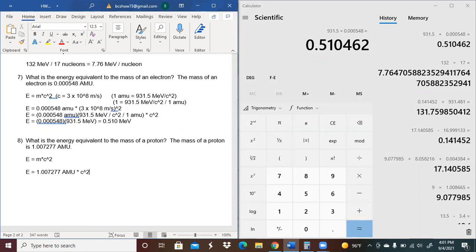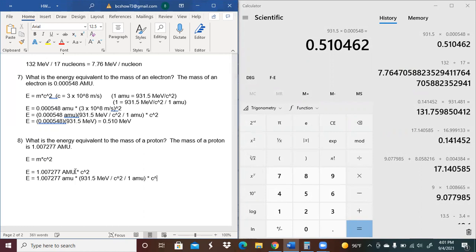Again, we're going to multiply by the conversion factor, 931.5 MeV divided by C squared, all over 1 AMU.